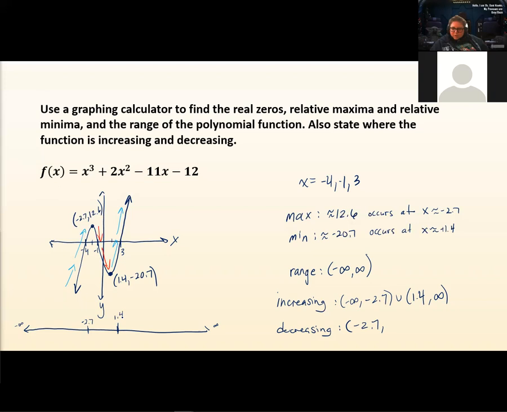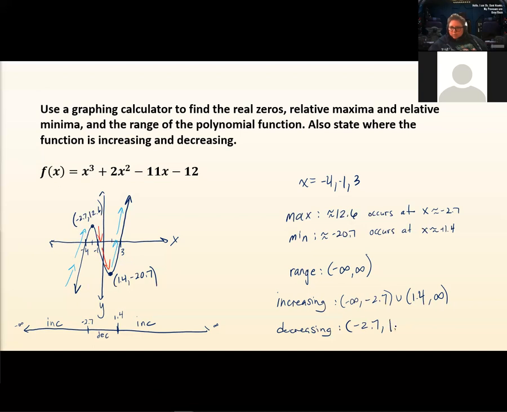1.4. And then we go along and decide where it is increasing and where it is decreasing. We said that this is increasing, the center is decreasing, and the end is increasing. Now we have an easier way of doing our interval notation.